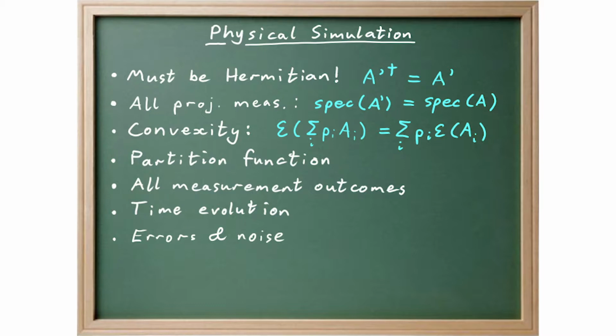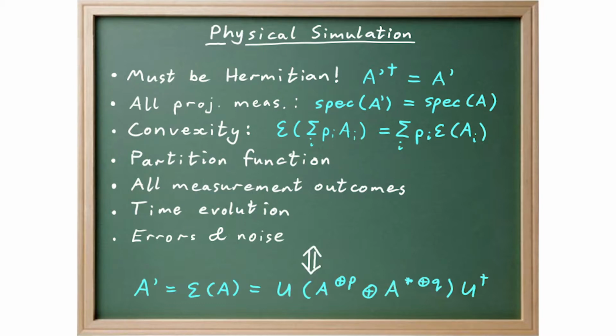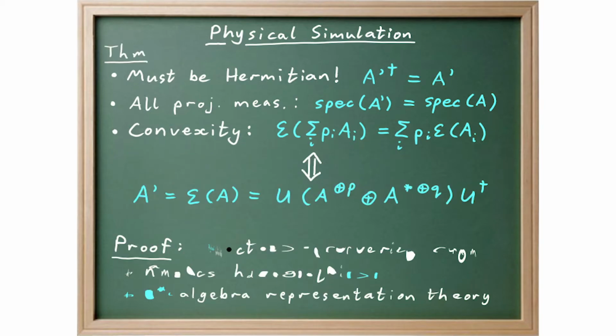And it turns out that with all of this list of requirements, we can actually characterize exactly what this map has to look like. And it has to look like this and nothing else. And in fact, this list of requirements is overkill. Just these top three that I've highlighted already imply this form.